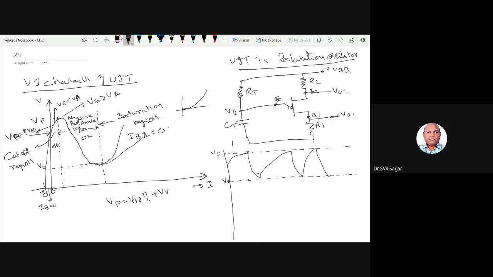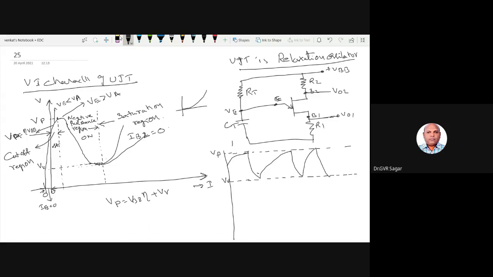So this capacitor charges to this peak voltage through this resistance RT. RT is the resistance. Through VBB, biasing is applied, and initially the UJT does not fire, because even though you apply voltage VBB here, even though emitter voltage is applied, it is not in on state.